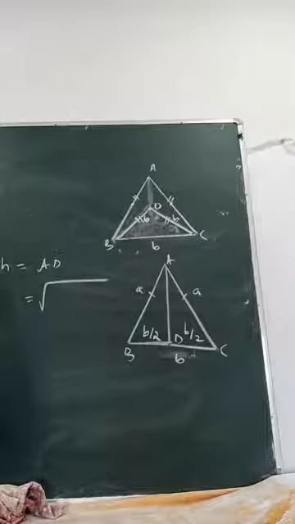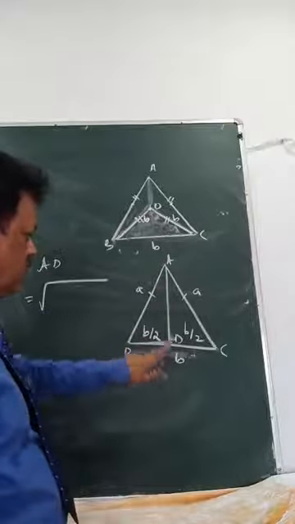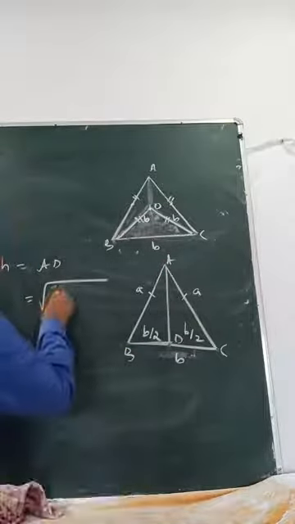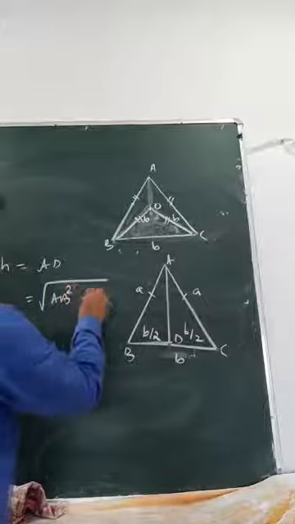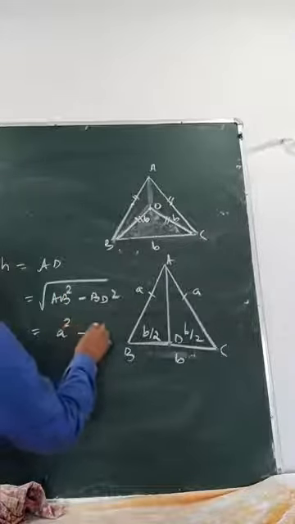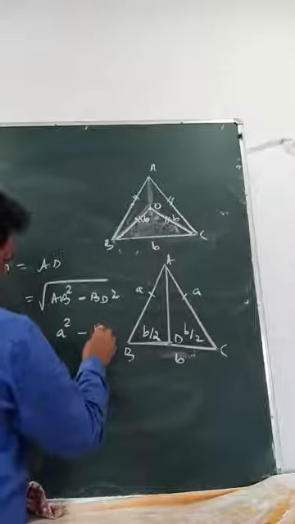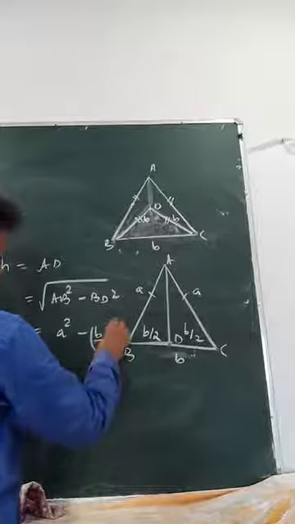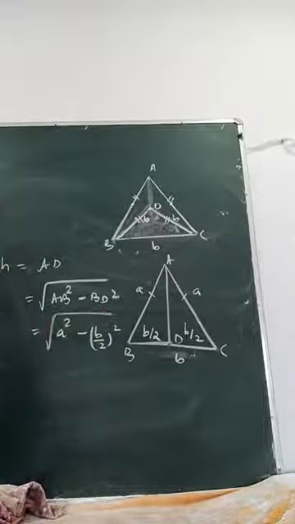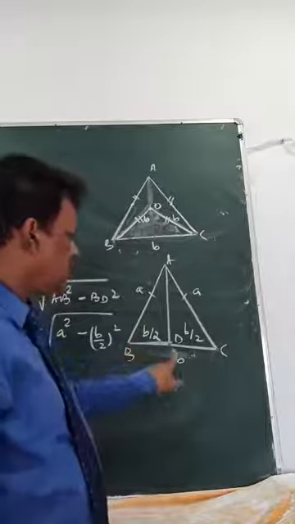What is the Pythagoras theorem? AB square minus BD square. AB square minus BD square means A square minus how much? B by 2 square. Now what is the area of a triangle? Half base into height.